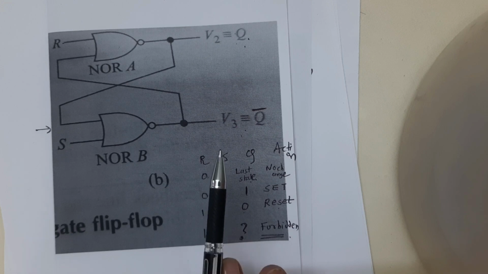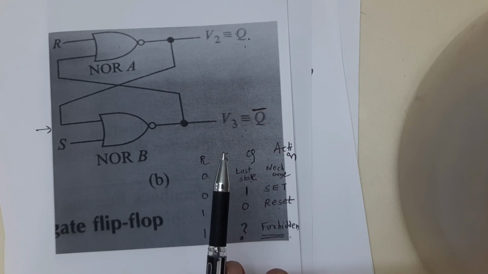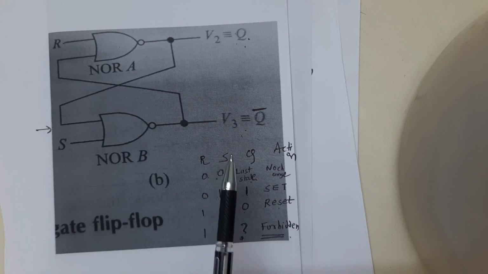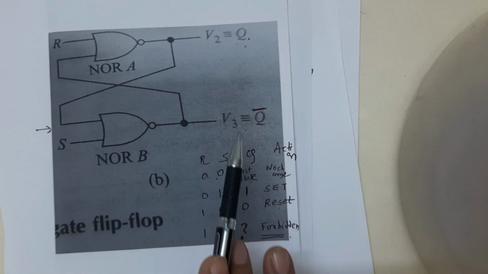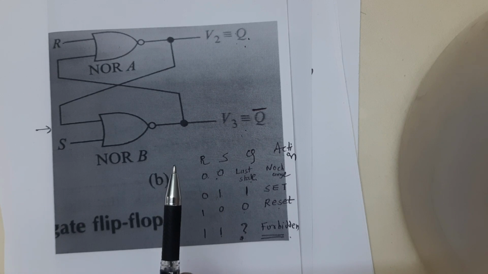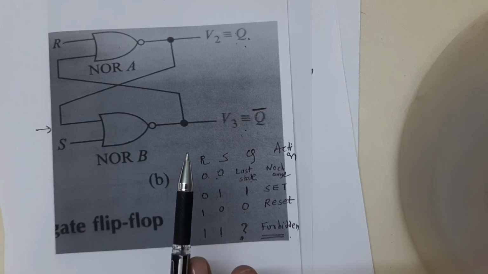Incidentally, if this condition is for some reason imposed and the next input is R is equal to 0, S is equal to 0, then the resulting state Q depends on the propagation delay of the two NOR gates. That means if there is any delay, the result is 1 or 0, or 0 or 1. If the delay of gate A is less, that means it acts faster, then Q is equal to 1, else it is 0.